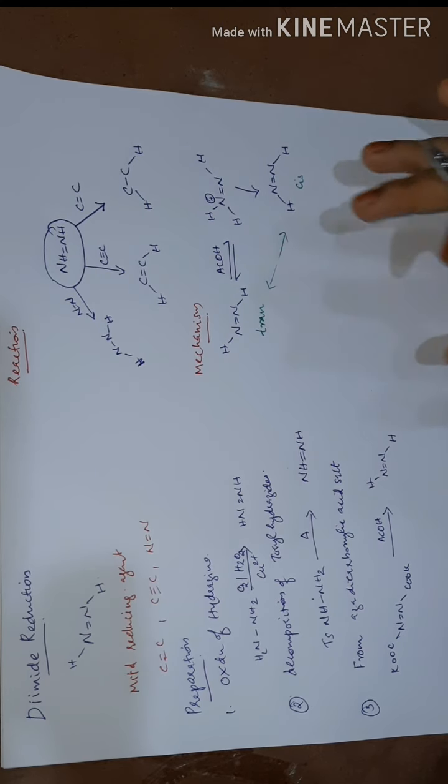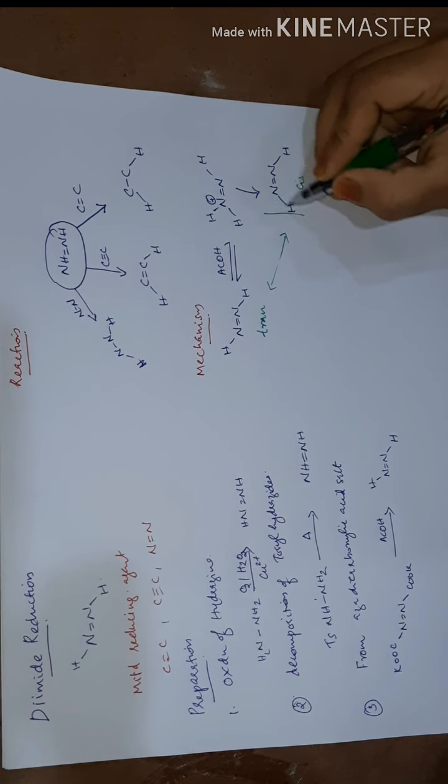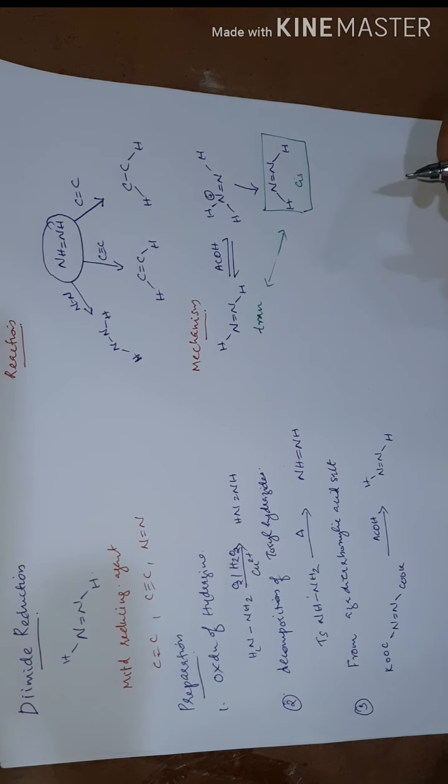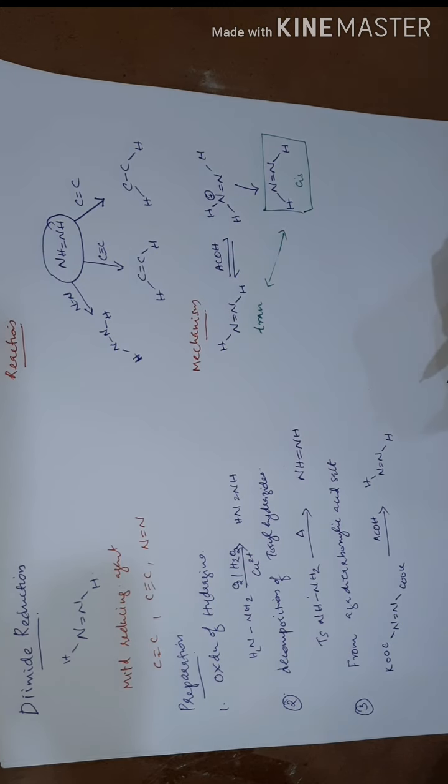So this is the major first step of this mechanism, and only this cis form is used for the reduction process of this diimide. That is the reason why we are transforming this trans state to cis state.